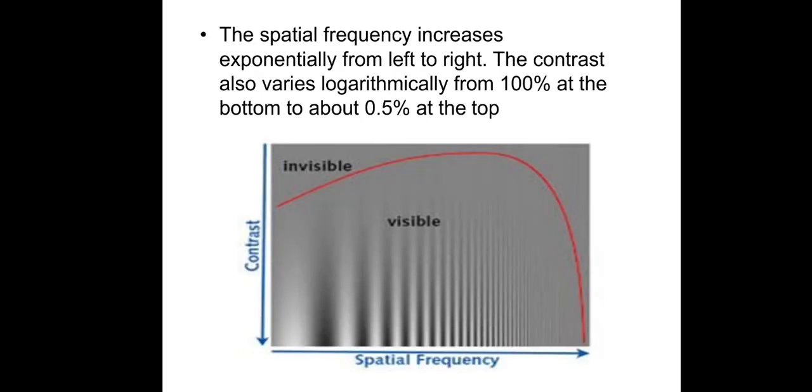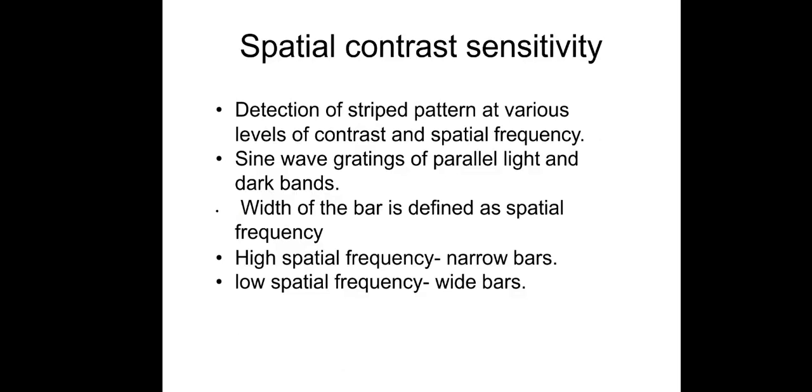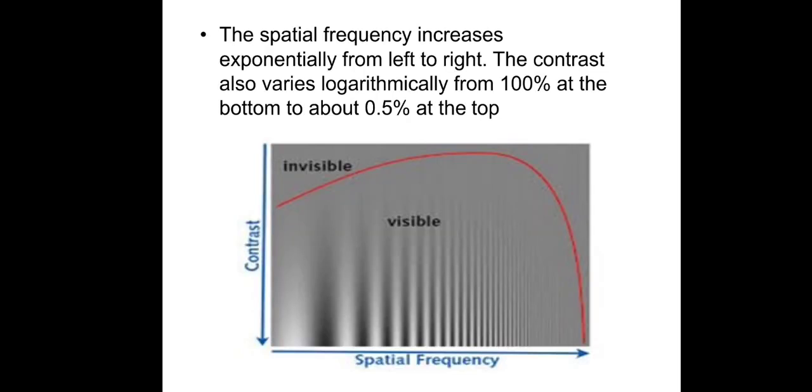So you can see it's going from left to right, getting narrow, and the width of these strips is known as the spatial frequency. So if the patient has good vision, or high spatial frequency, or a high level of contrast sensitivity, the bars will be narrow, toward the right side, which means vision is good.